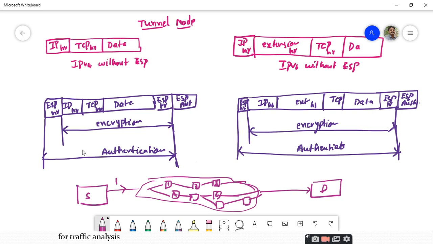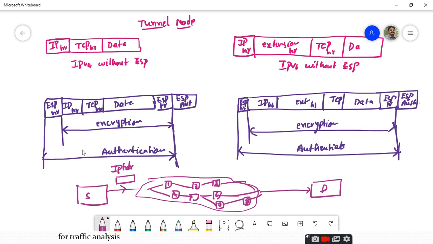So, when a packet is transmitted from the source to the destination, the routing information is present in the IP header. You should concentrate here. All the routing information, which route it has to take, whether the packet has to take 1, 2, 3 or 4, 5, 6 or 4, 5, 7, 8, everything is present inside the IP header.